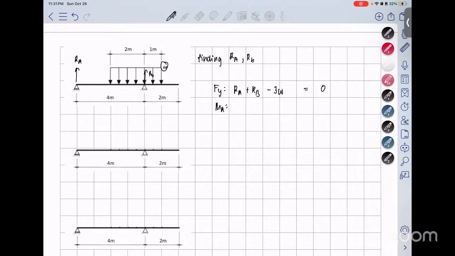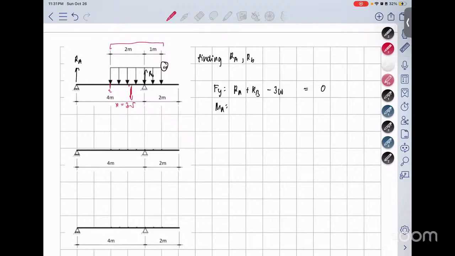So let's reduce this into a singular point force first. So 1.5, 2 plus 1 over 2. So 1.5 to the left of this point, meaning this is 2 plus 1.5. So you have a point force around here, found at 3.5.